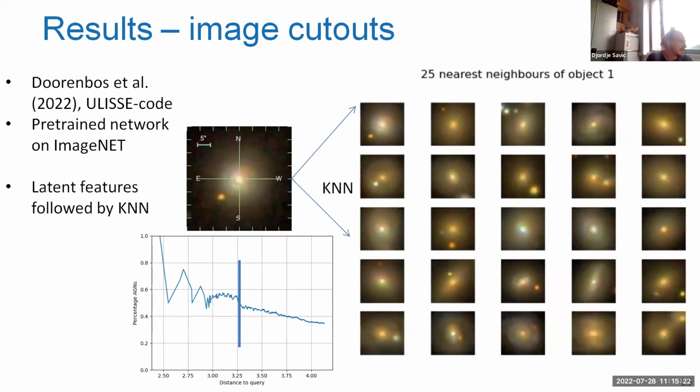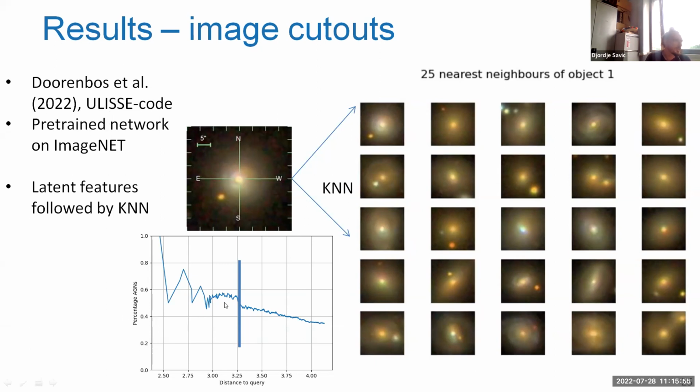Now, one very interesting result, for which a paper has been submitted by Lars Doorenbos. They used a network pre-trained on ImageNet and fed it galaxy AGNs, for example like this, and then they compute the k nearest neighbors of objects in the latent features. These are the 25 nearest neighbors.